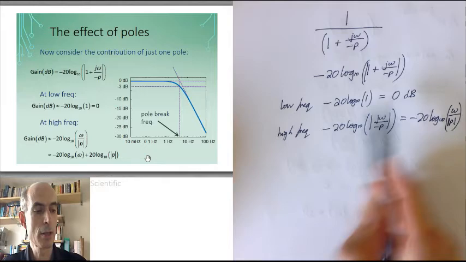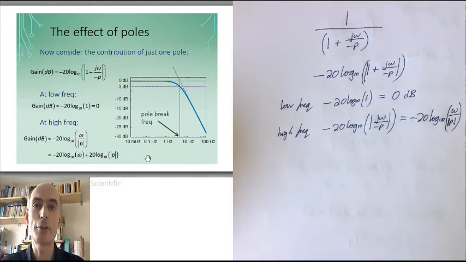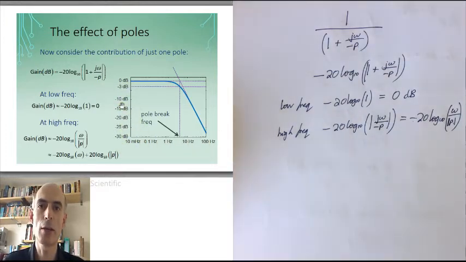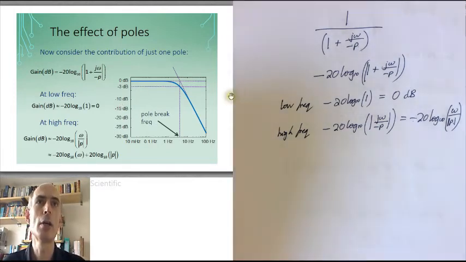Both of these are straight lines if you plot them on a graph of gain in dB against the log of the frequency, just like they were for the zeros. And just like they were for the zeros, we can extrapolate those straight lines to find a break or corner frequency.